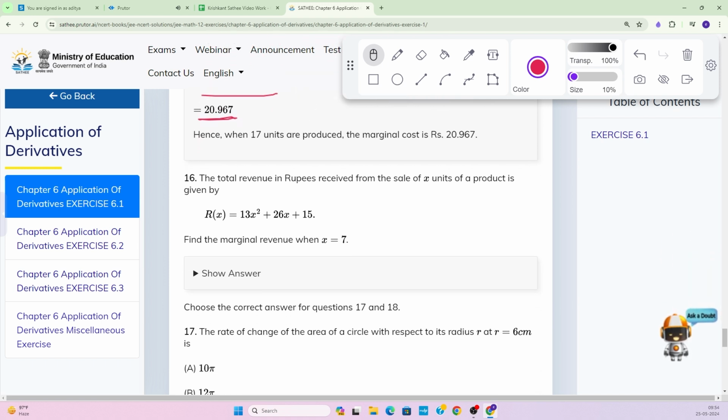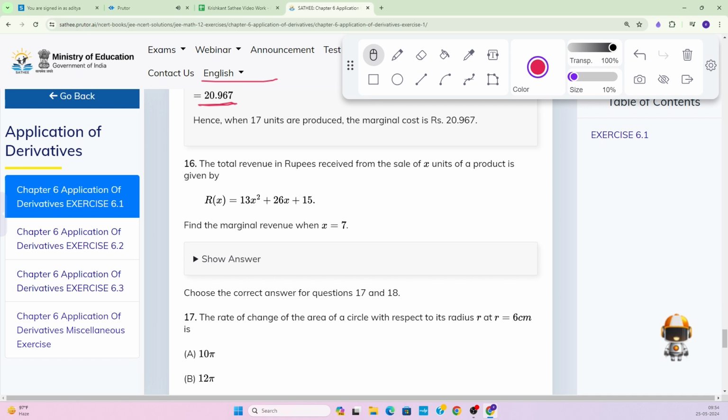So now for marginal revenue, as you can see, the total revenue in rupees from the sale of x units of a product is given by this relation.